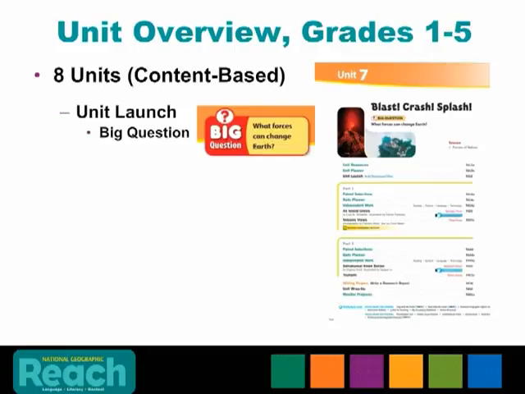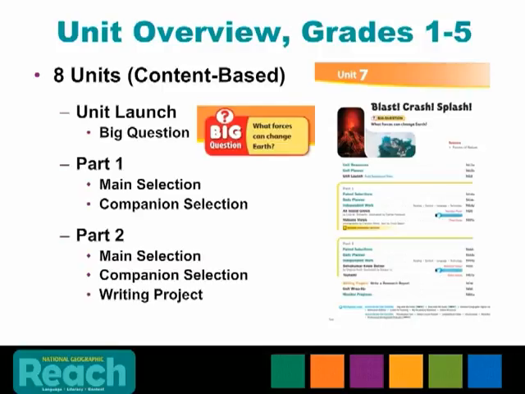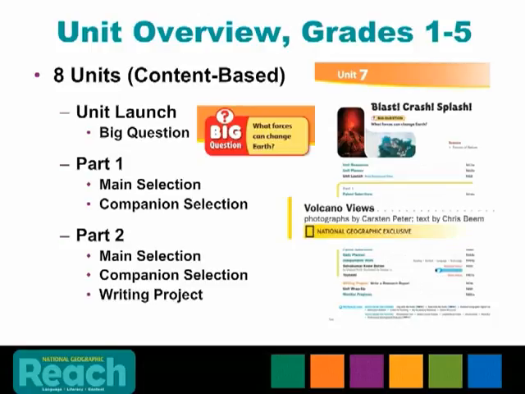You will always begin with a unit launch to build background for the unit, with a big question to set the stage. Moving on, instruction is broken down into 2 parts. Each of those 2 parts include a main selection and a companion selection. One of the 2 main selections will always be nonfiction, with each unit always having a National Geographic exclusive selection, just like you saw earlier with the examples I shared from grades 1 and 3.